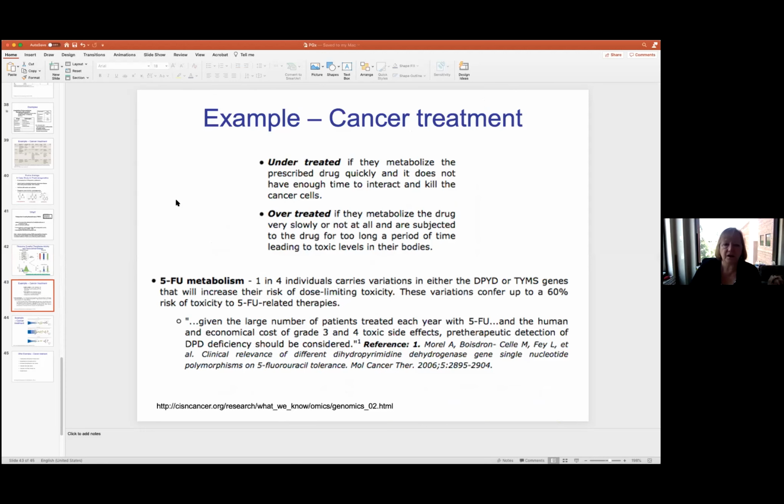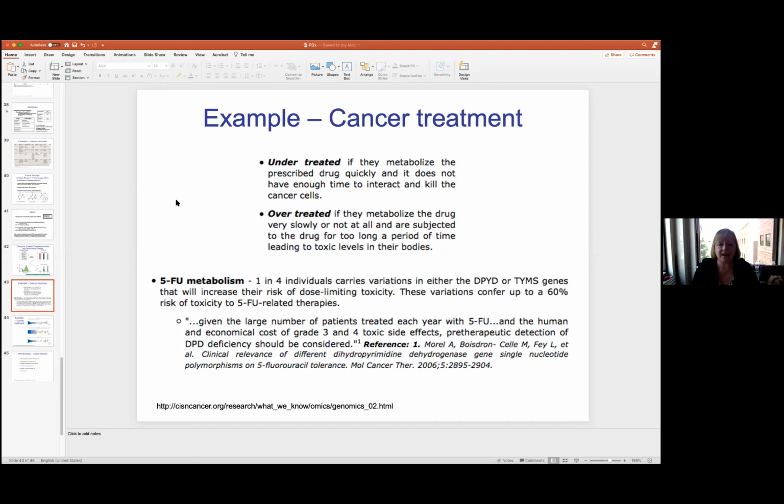So a big problem with cancer treatment is that because of these individual differences, a patient could be undertreated if they are treated with a drug and the drug is the active form. And if it's metabolized really quickly, then it doesn't have enough time to kill the cancer cells. If the drug is metabolized really slowly, it hangs around their system too long, now they end up building up to toxic levels.